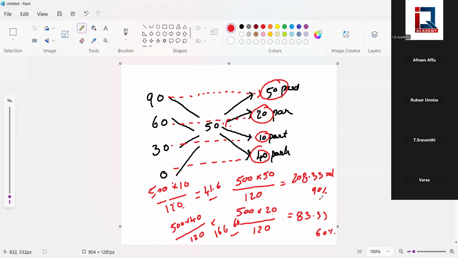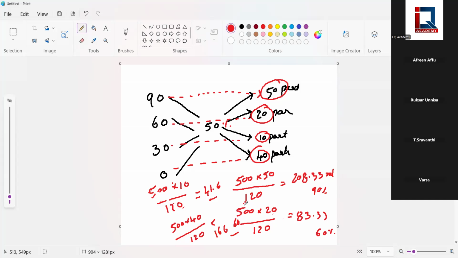Now please add all these: 208.33 plus 83.33 plus 41.66 plus 166.66 gives 499.98.